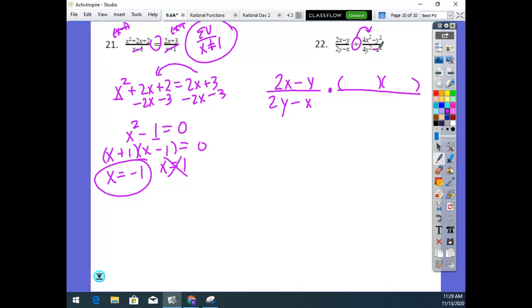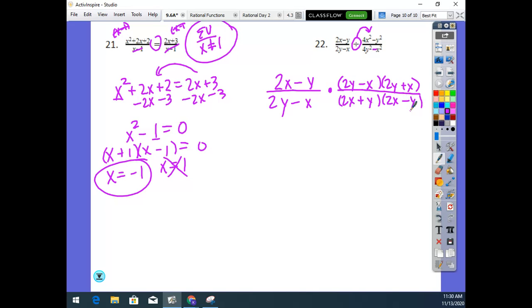This is the difference of two squares. 2y minus x, 2y plus x. And the top goes to the bottom. 2x plus y, 2x minus y.